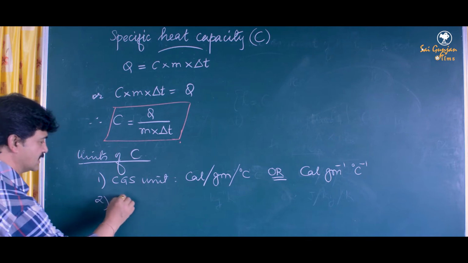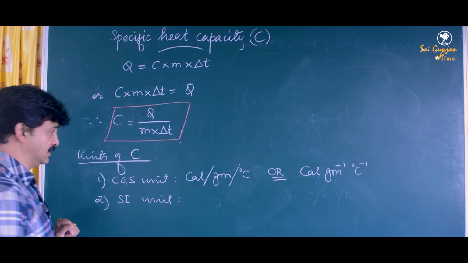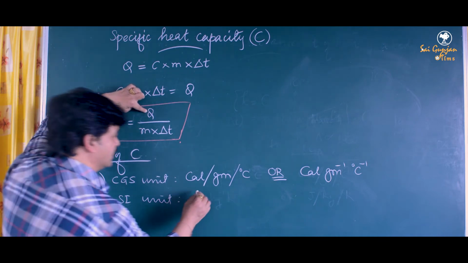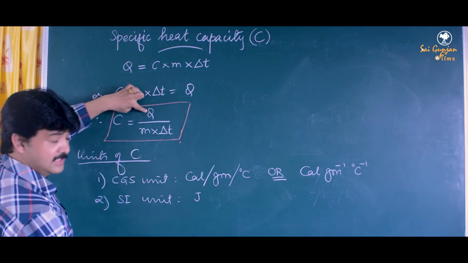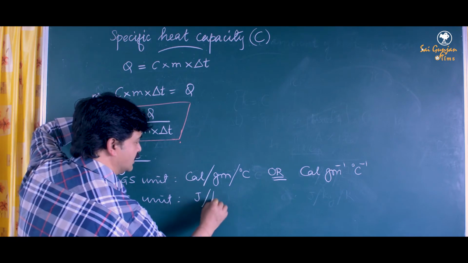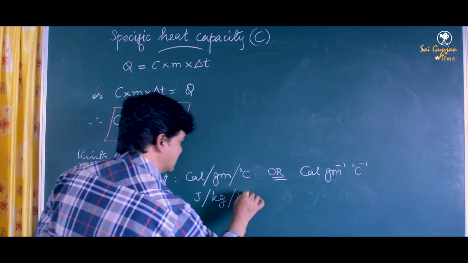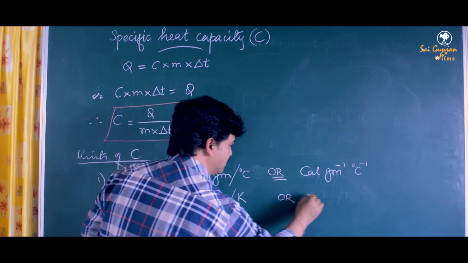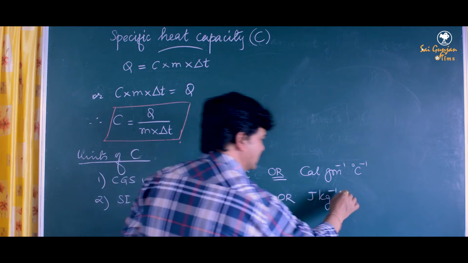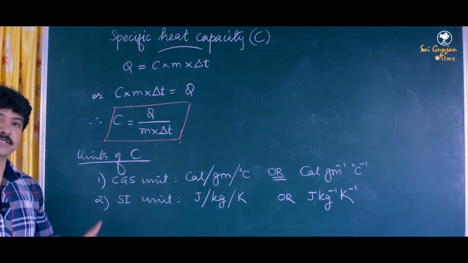And the next one is the SI unit of C, specific heat capacity. Now, this is the heat, and the unit of heat is joule in SI. Mass, the SI unit of mass is kg, and the SI unit of temperature is Kelvin. So, the same thing can be written as joule per kg per Kelvin. So, this is how you write the units also.